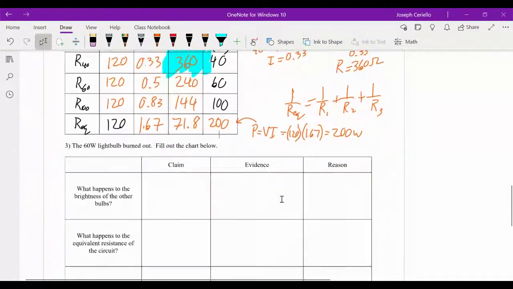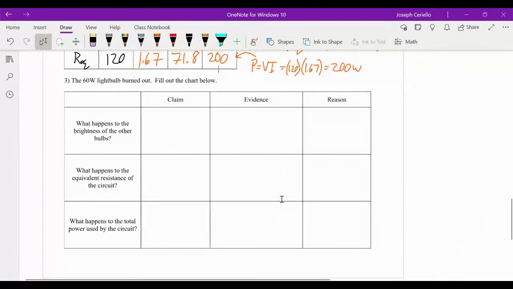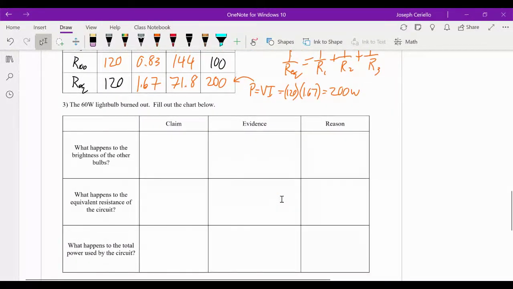All right. So the next one says the 60-watt bulb burns out. Fill in the chart below. What happens to the brightness of the other bulbs? So a lot of people are under the impression that they're all going to get brighter. They don't. They're actually unaffected as far as brightness goes. Why?